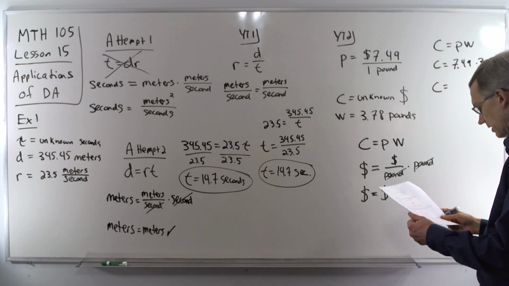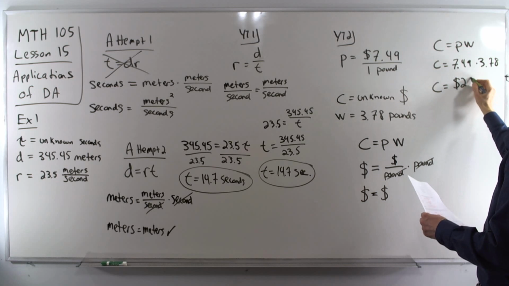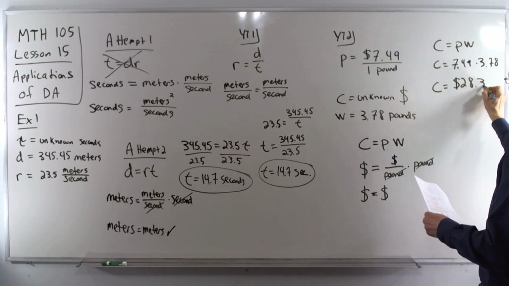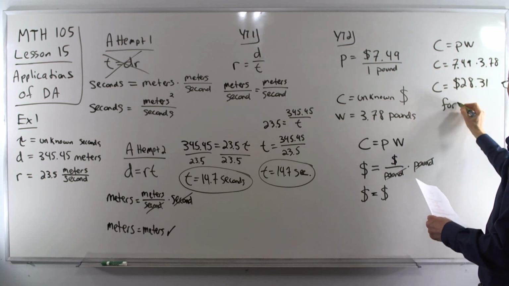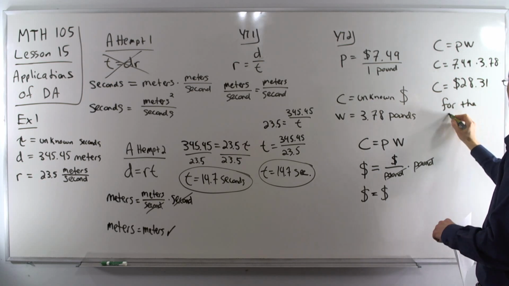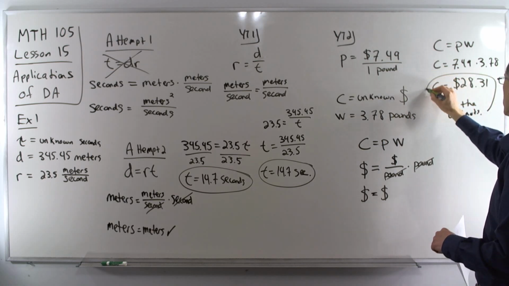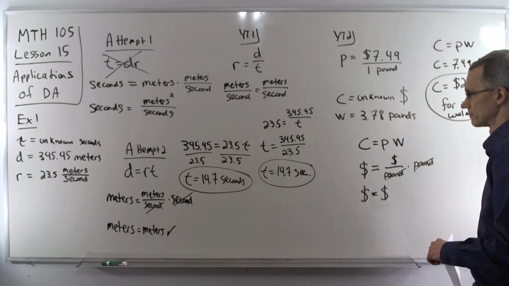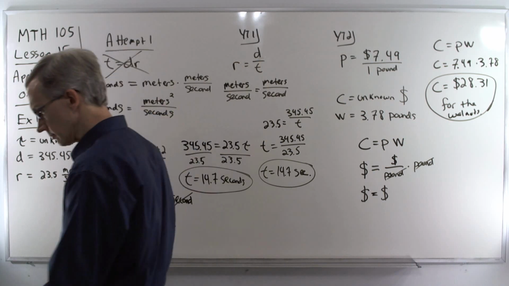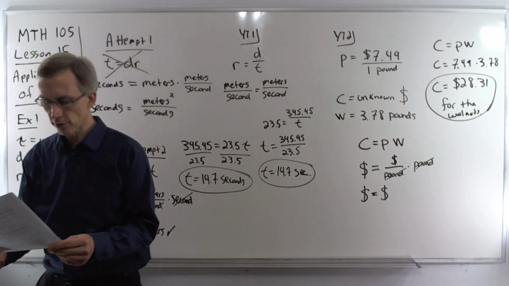So multiplying those two together, we get the cost. And we get a cost of $28.31 for the walnuts. All right, next up, your turn number 3.